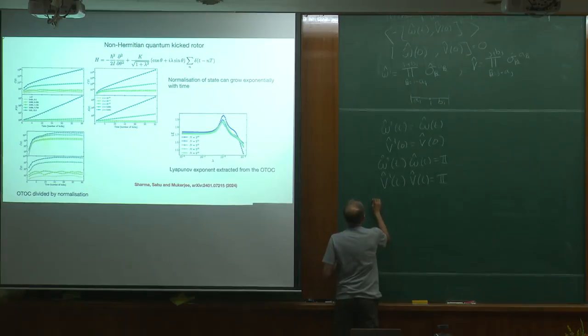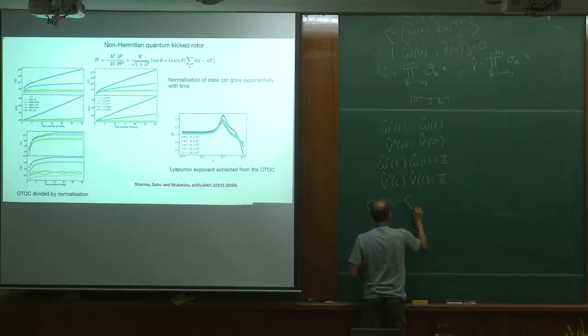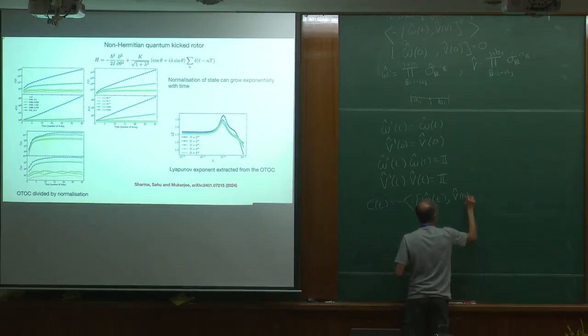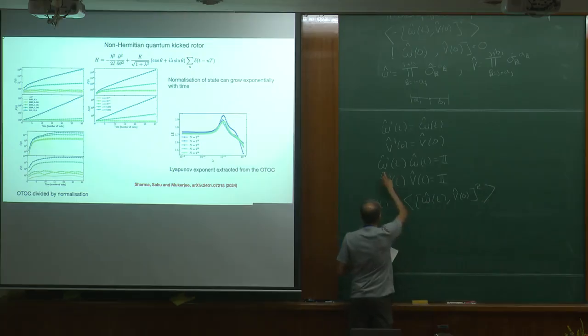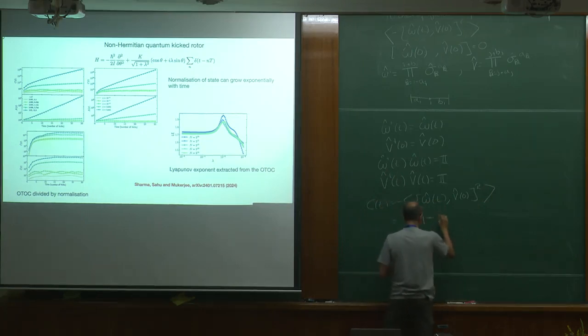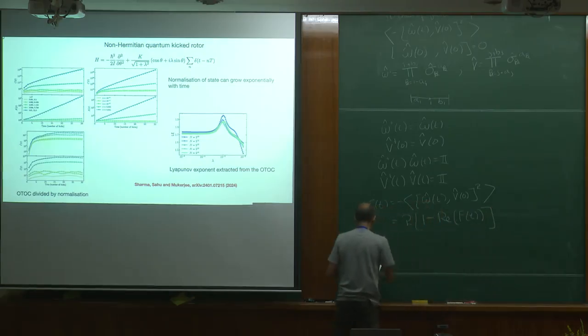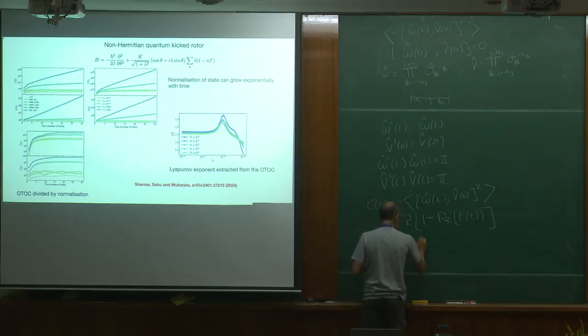So then C of t, which is the OTOC, given that the operators are also unitary, ends up having the following form: 1 minus the real part of f of t, where f of t is the following object.